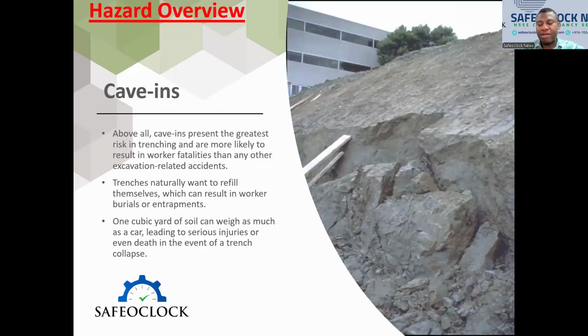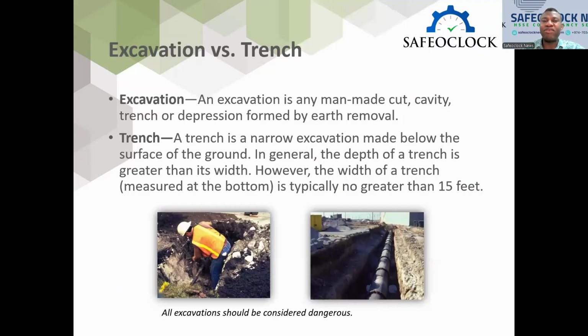Let's look at the definition of excavation and that of a trench. One thing we need to bear in mind is that a trench is simply a type of excavation. Excavation can be defined, and you can also give it some of your other definitions, as any man-made cut or cavity or depression that is formed by removing earth's surface.